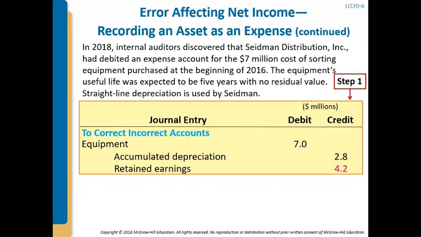So now you're current on your accumulated depreciation. Well, since your expenses were overstated, your retained earnings and net income are understated by 4.2 million. You're going to credit retained earnings for 4.2 million.